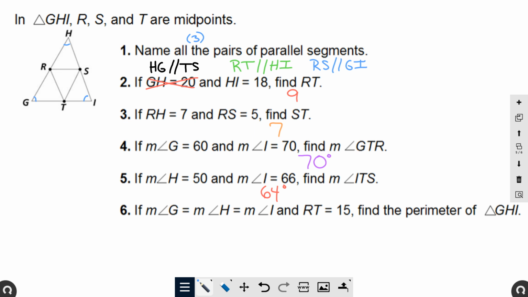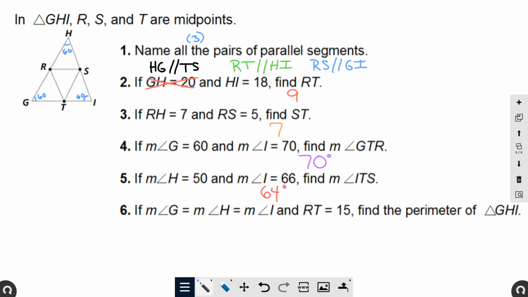So all of those angles are 60 degrees. 60, 60, 60. Now, we haven't quite talked about this yet, but do you know what kind of triangle it is when all the angles are the same? It's equilateral. What does it mean to be equilateral? All the sides are equal. If all the angles are equal, all the sides are equal.